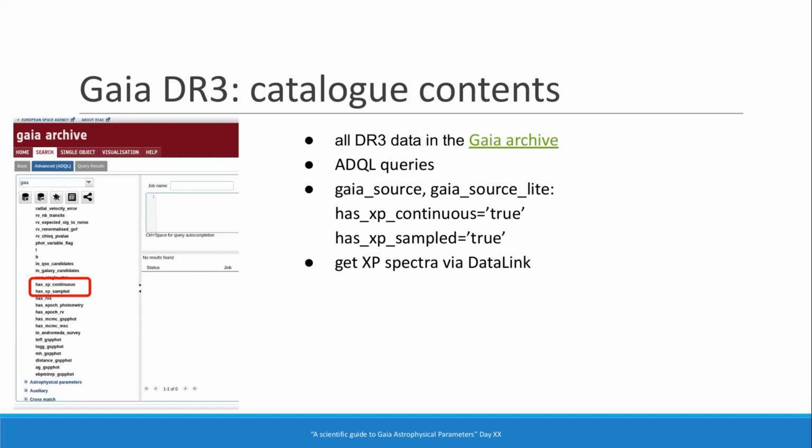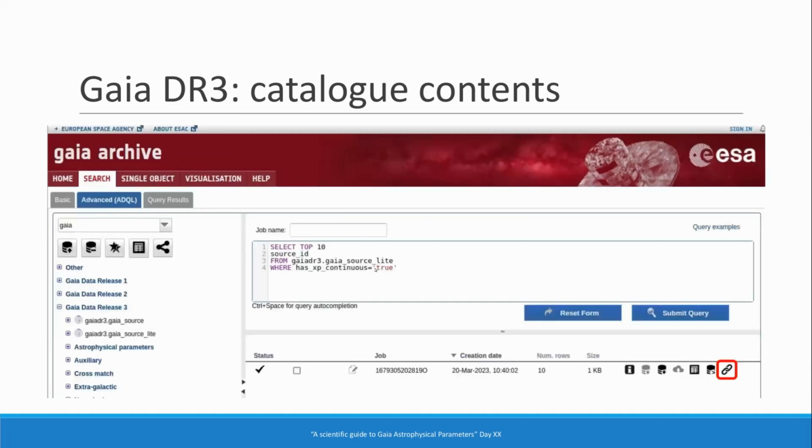And then when you want to run queries, I will just very quickly show you how to get these XP spectra. So here, this is just a toy query. I'm just taking the first 10 objects from the Gaia Source Lite table that have a continuous XP spectrum. And then you wait for this query to run through, and you get this tick here that it has finished.